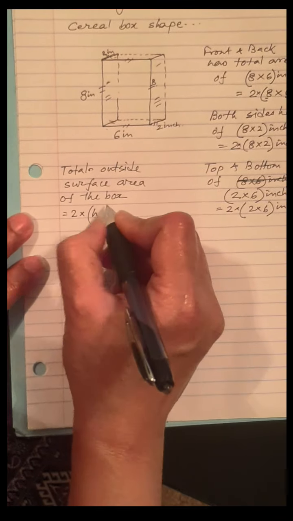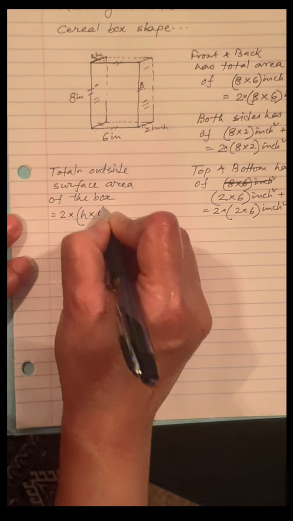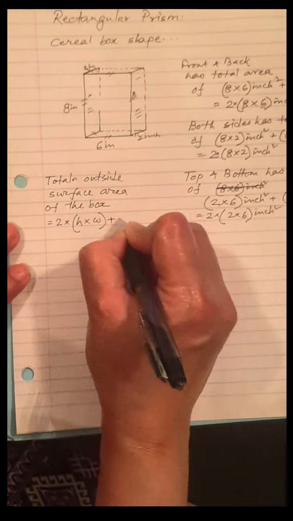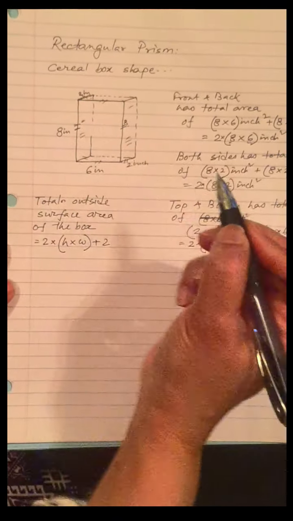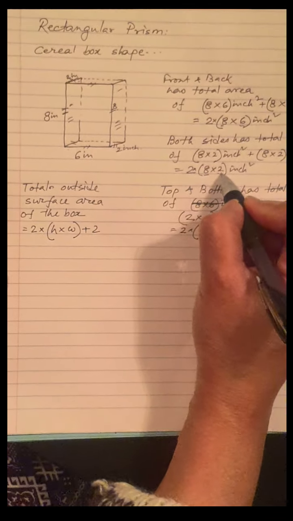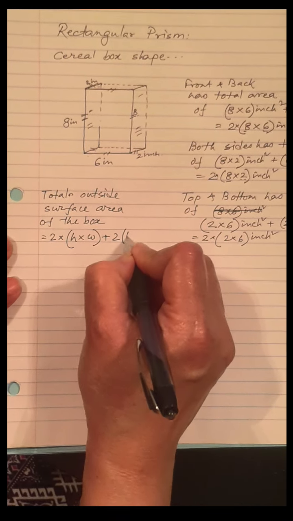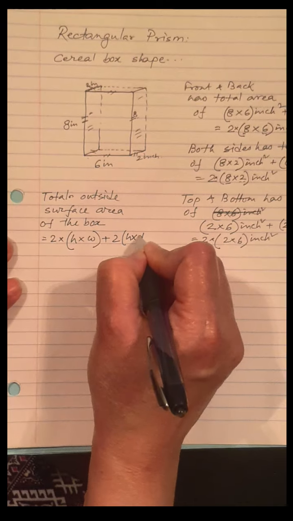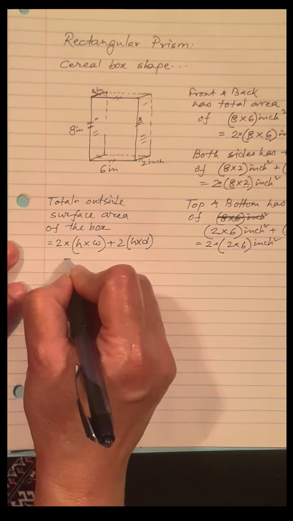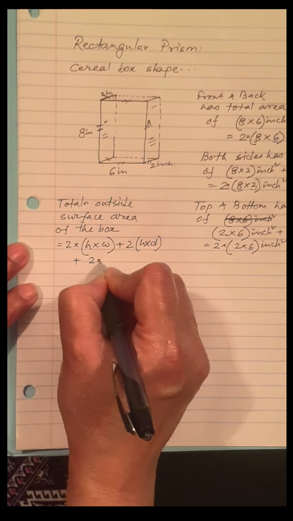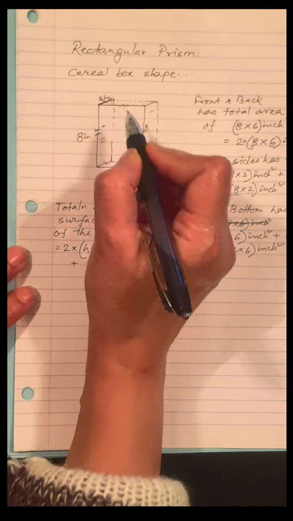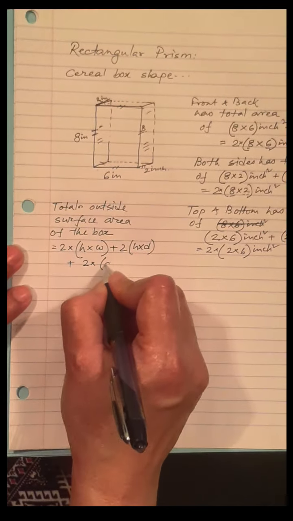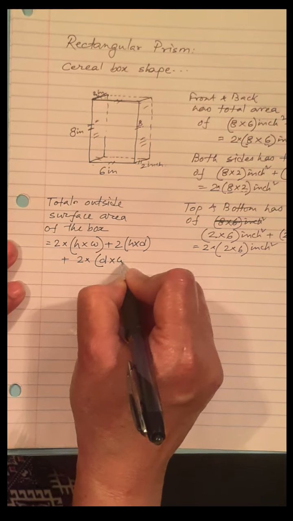So height times width plus 2 times height and depth plus 2 times depth and width.